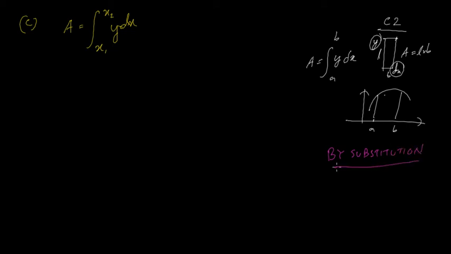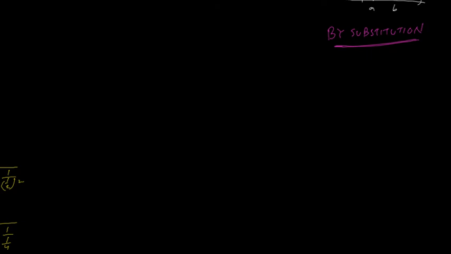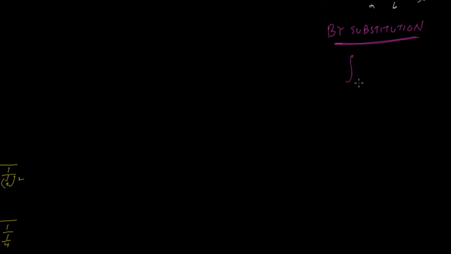Integration by substitution means when we have a Cartesian integration from a to b of y dx, we convert that Cartesian into parametric by converting the limits to t1 to t2, converting y in terms of t, and converting dx as dt.